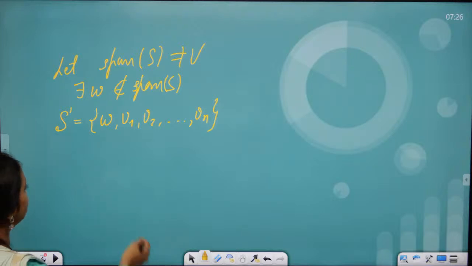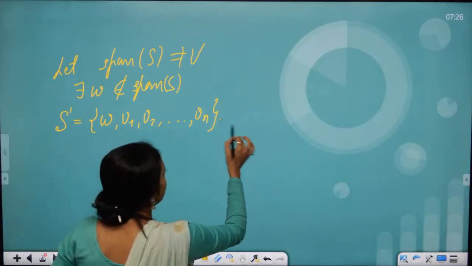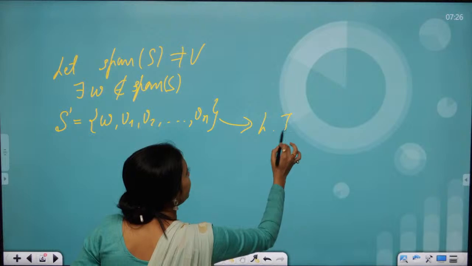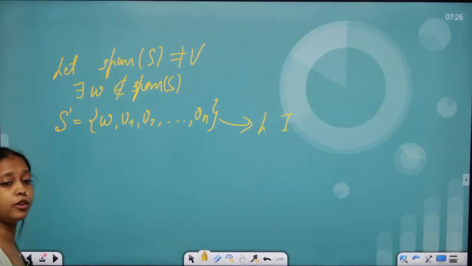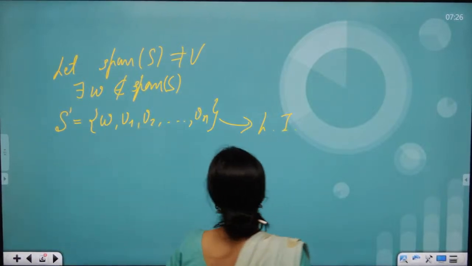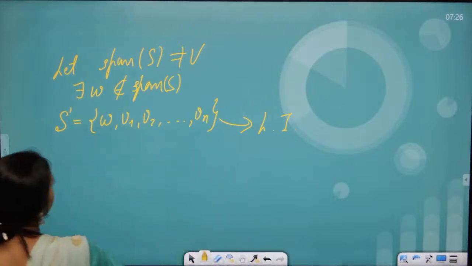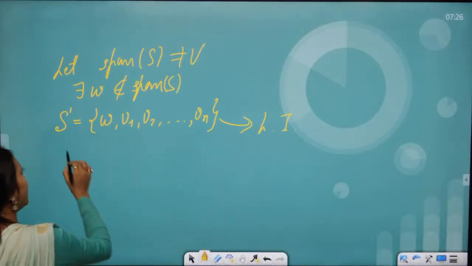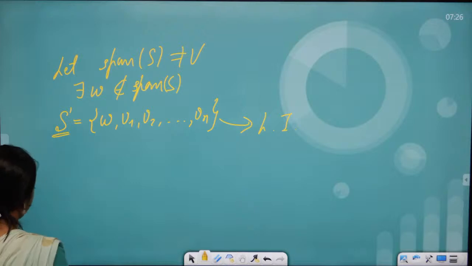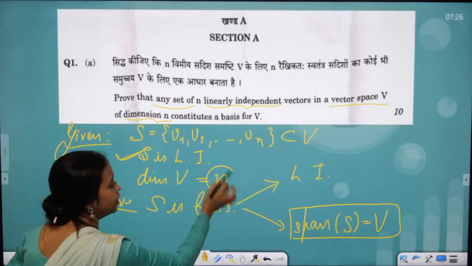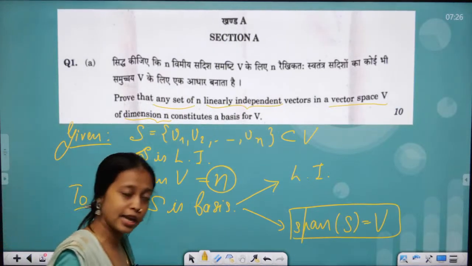Now this means that this is linearly independent. Why? Because W is not in the span of V1, V2, V3, right? So this is a linearly independent set. Dimension is n, given.